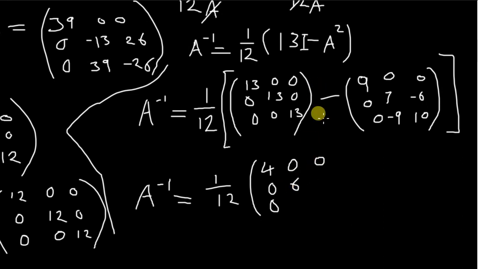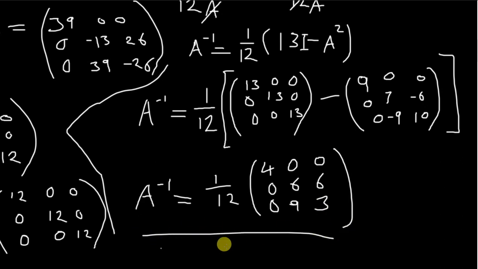Then 0 minus 6, you get your answer to be 6. Then 0 minus 9, you get your answer to be 9. Then here you have 13 minus 10, you get your answer to be 3. So this is going to be your A inverse.